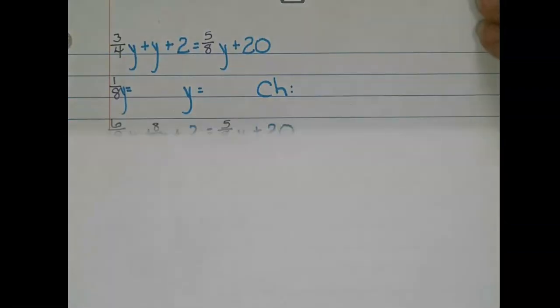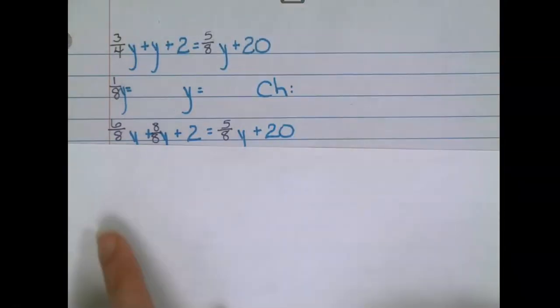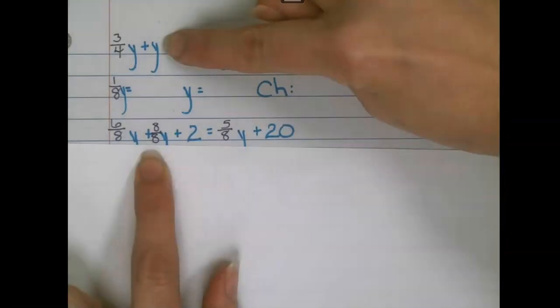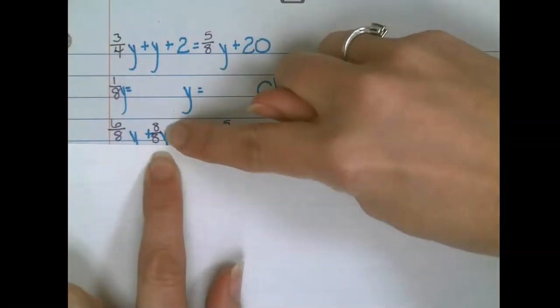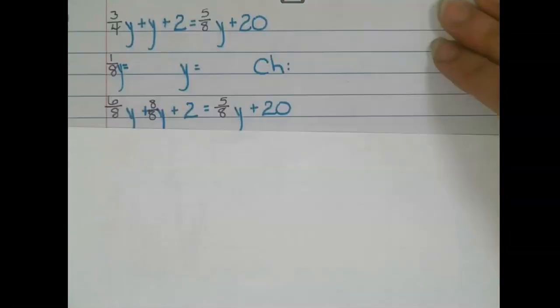All right, so I'm going to make 3/4 of y into an equivalent fraction using our common denominator of 8. So that gives me 6/8 of y. I'm also going to turn my y into a fractional value, which is 8/8 of y, plus 2 equals 5/8 of y plus 20.